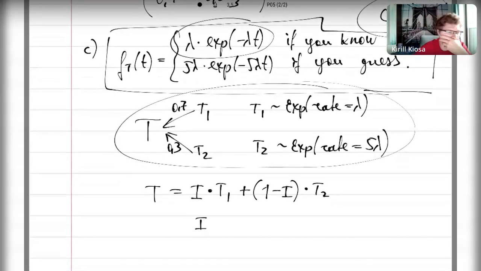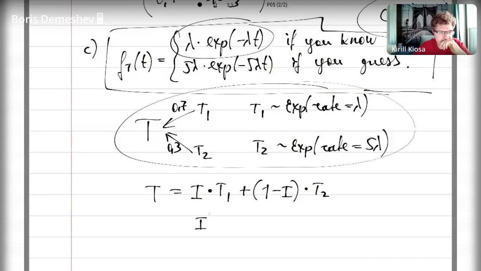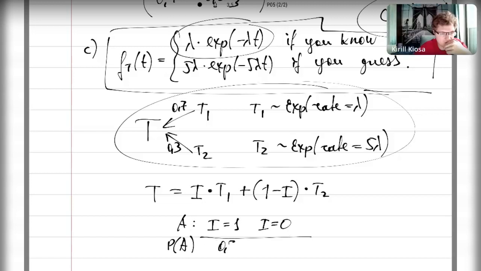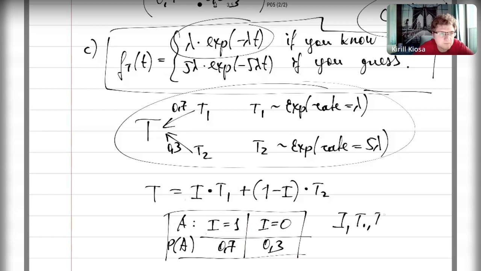And this I is a random variable equal to 1 or 0. With probability 0.7 we select T1, and with probability 0.3 we select T2, and I, T1, and T2 are independent.